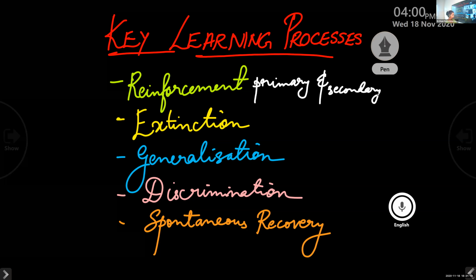If the occurrence of the CS or CR is not followed by the US in classical conditioning, or lever pressing is not followed by food pellets in the Skinner box, the learned behavior will gradually be weakened and ultimately disappear. Learning shows resistance to extinction. It means that even though the learned response is now not reinforced, it would continue to occur for some time.